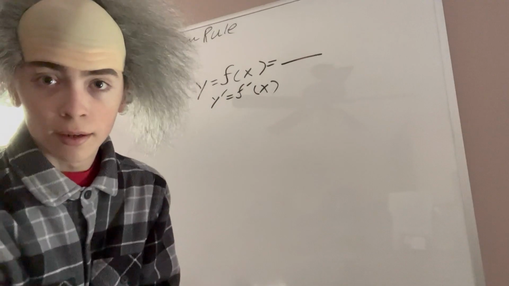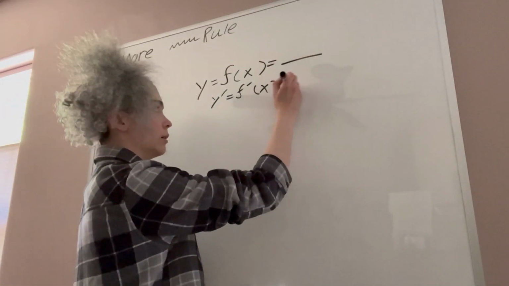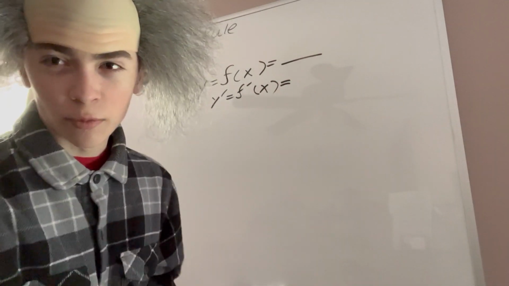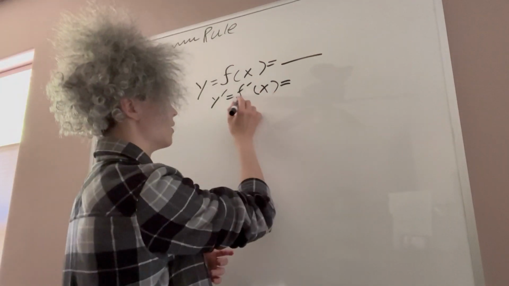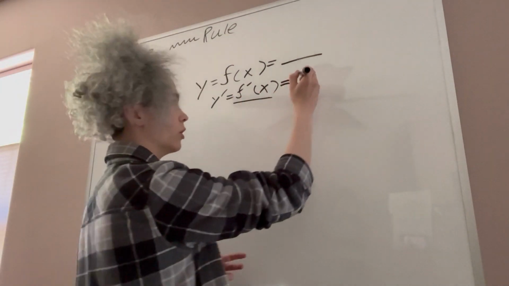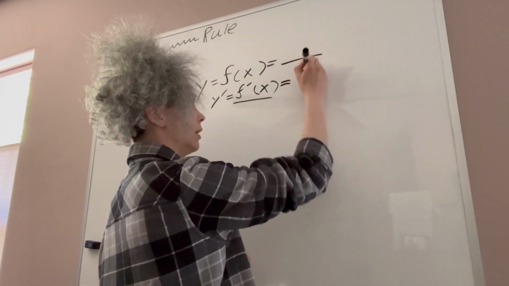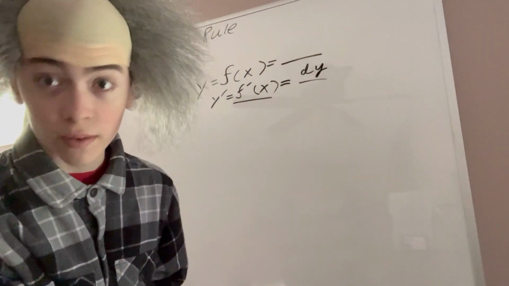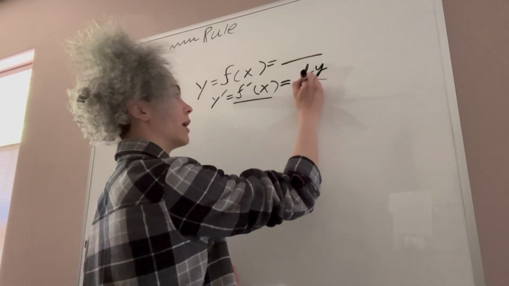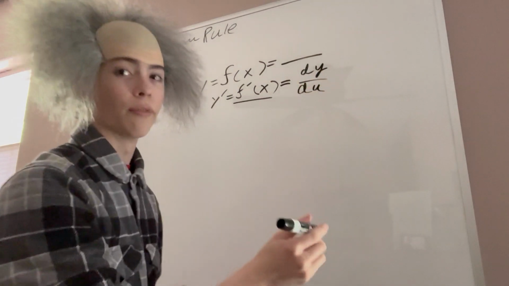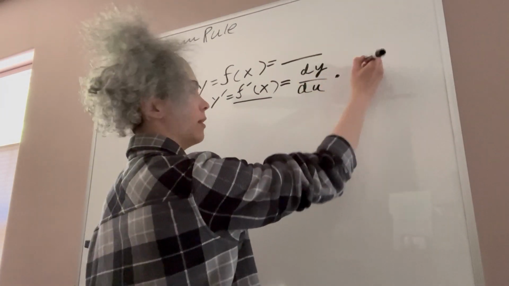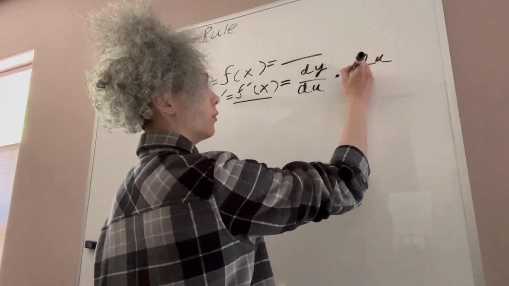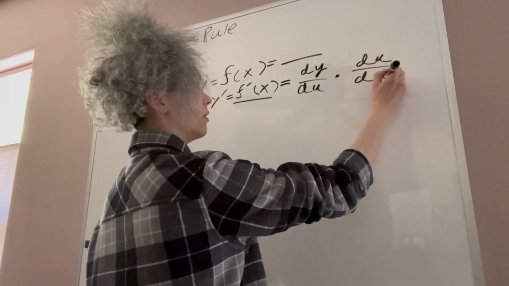Now, with the chain rule, this is another textbook definition thing. What we've seen is that this f prime of x is going to be equal to dy with respect to u, that other variable, times the derivative of u with respect to x.